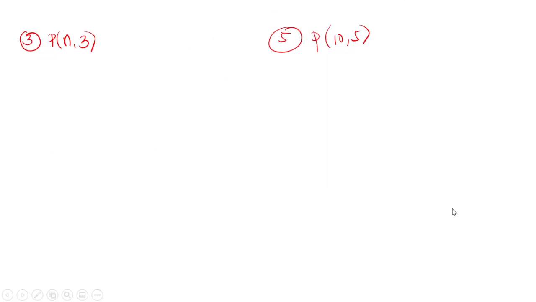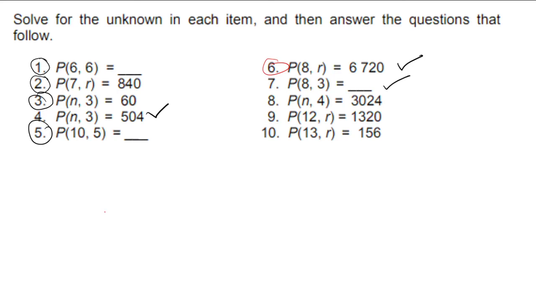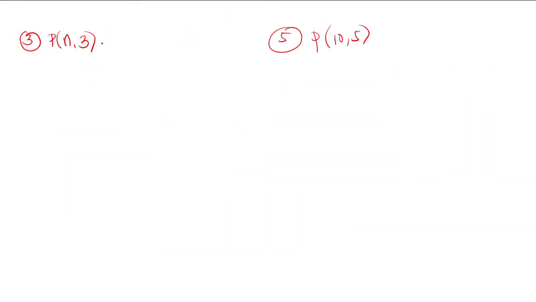Okay? Next, number 3. The permutation of n things taken 3 at a time is equal to, sandali, hindi ko nakopya. Number 3 yun, 60. Is equal to 60. Okay. Given muna tayo. N is still n, so r is equal to 3. And nP3 is equal to 60.